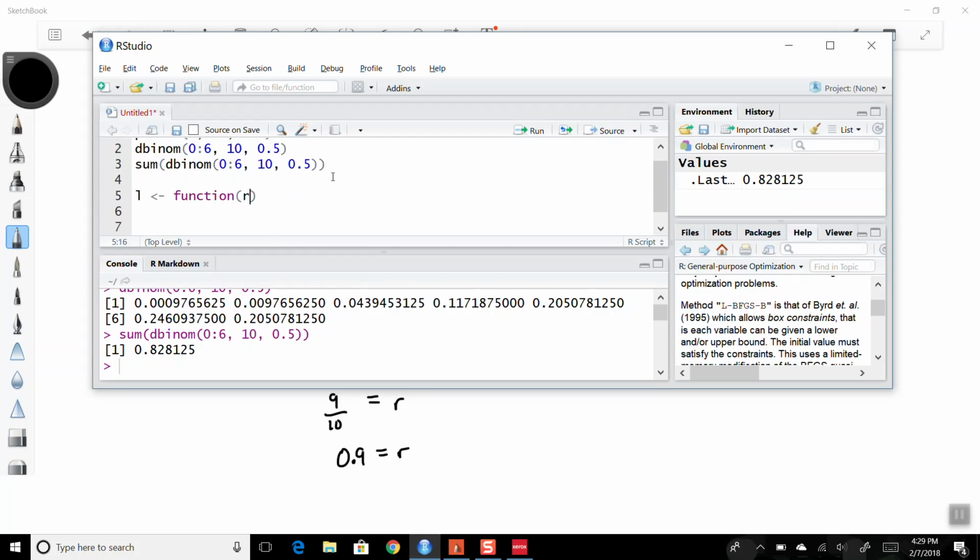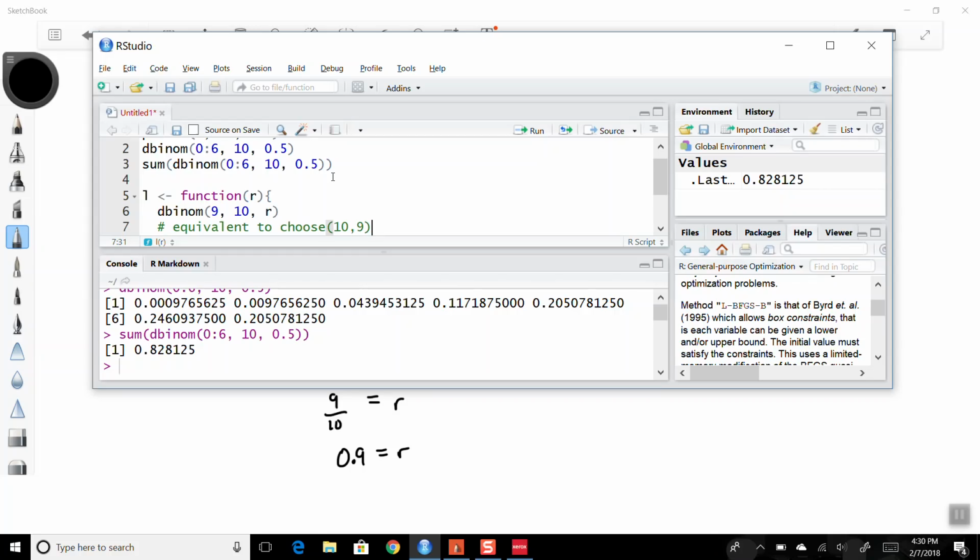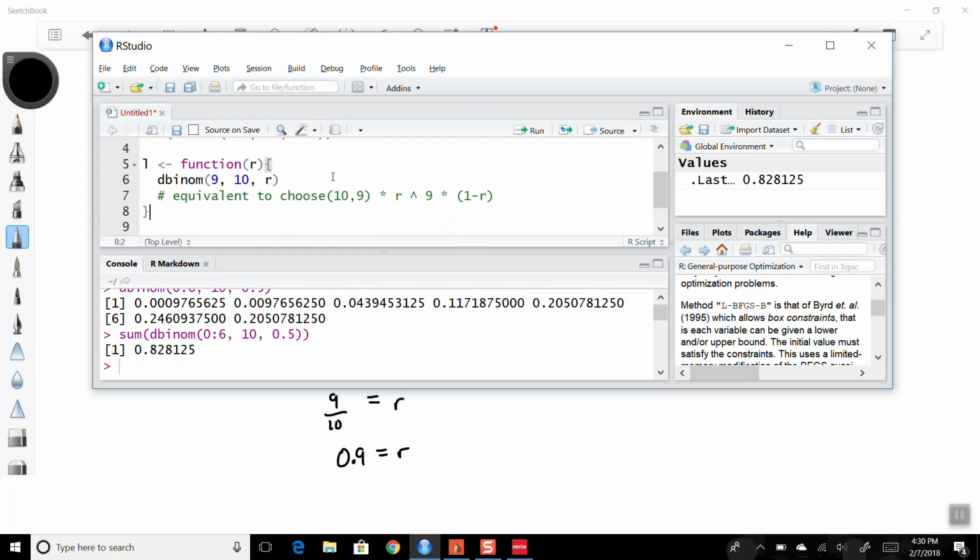This is a function of r, and what it's going to return is basically dbinom of 9, 10, and r. Okay? This is equivalent to choose 10 comma 9 times r raised to the 9 times 1 minus r raised to the 1.